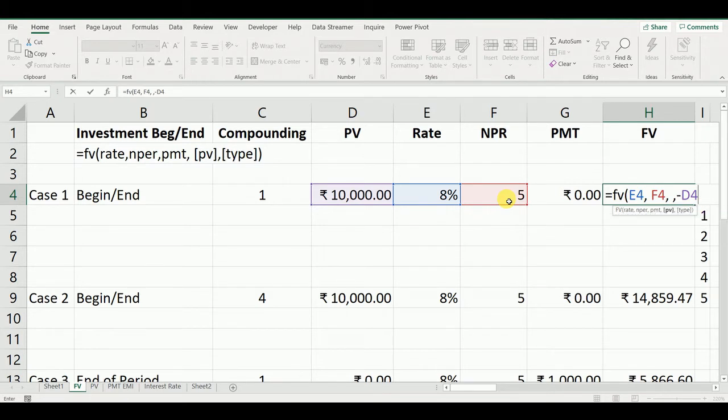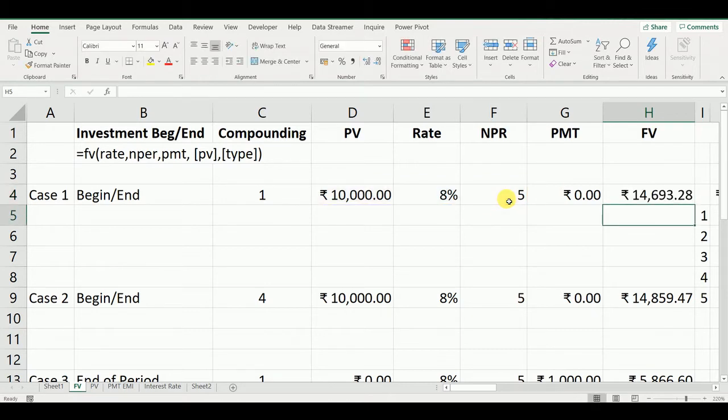Now we have to close the bracket and press enter. So you can see if we invest 10,000 rupees today for 5 years at 8% with yearly compounding, we will get the amount 14,693. So this we will check with the manual calculation also.